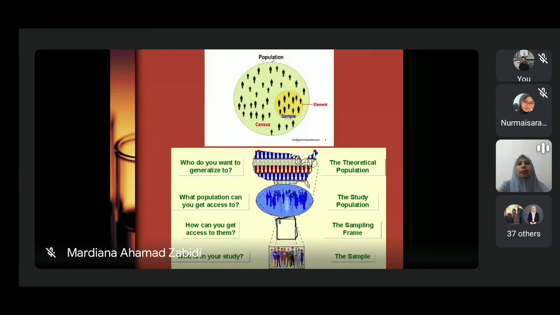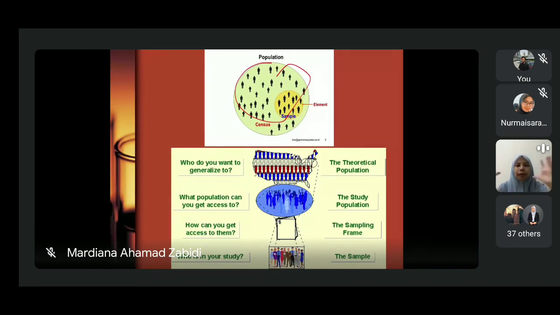Okay, population, for example, this whole group is the population. When we want to collect samples, we just withdraw a few people or material out from the population to conduct sampling, to conduct testing. Census means we test everyone. So this is the explanation.